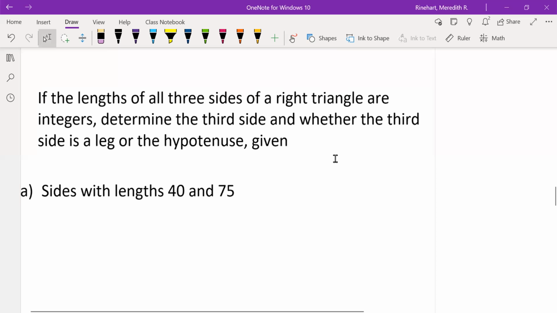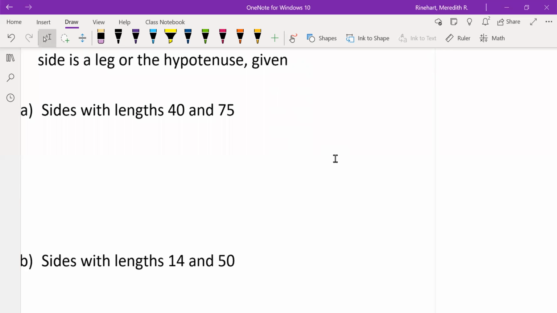If the lengths of all three sides of a right triangle are integers, determine the third side and whether the third side is a leg or the hypotenuse. So right now I've got side lengths 40 and 75. So we're looking for the greatest common factor that these two have in common. Right away I see that they both end in 0 and 5, so they're both divisible by 5. So let's see if this is the greatest common factor.